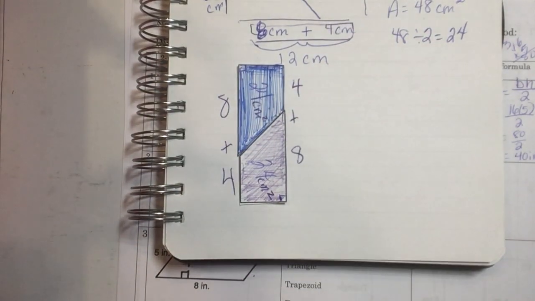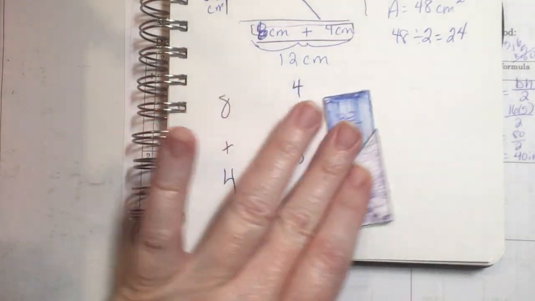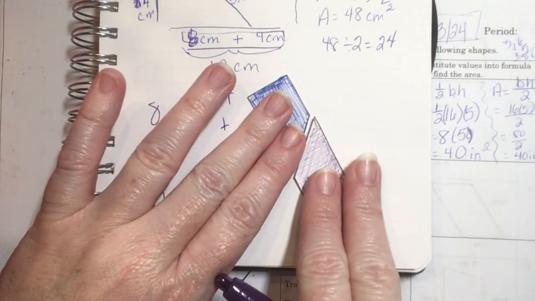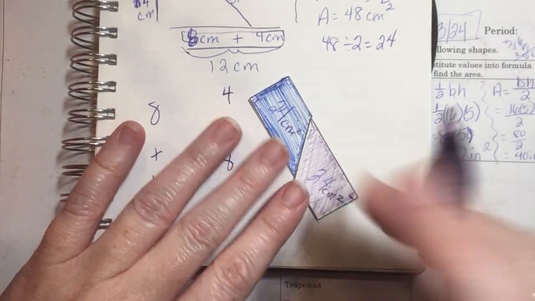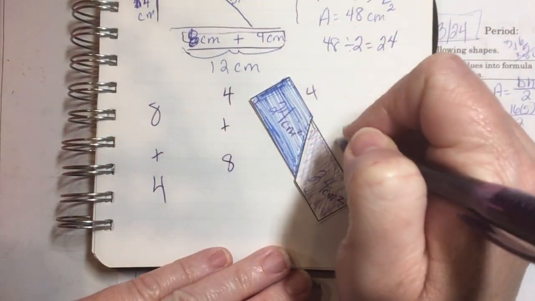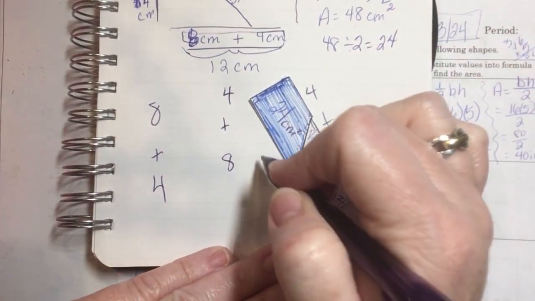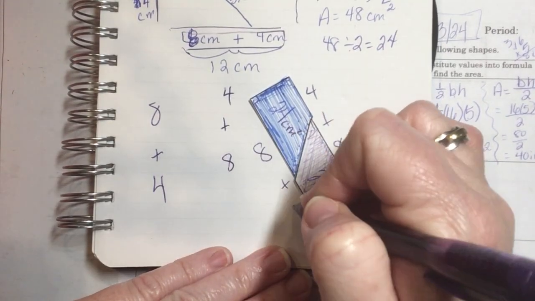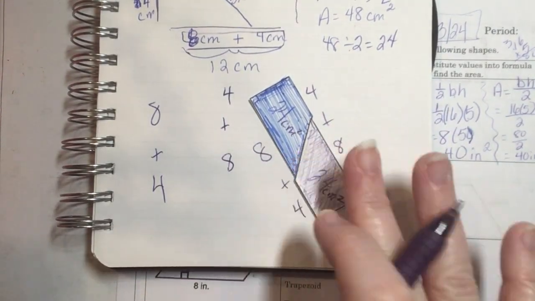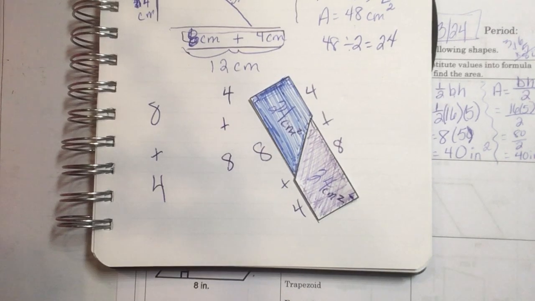So some of you might have been thinking, oh, it's just the bottom and the top. But it doesn't have to be the bottom and the top. It could be the sides. Even if I turned it sideways like this, I would still have to add together 4 and 8. Right? So there's a relationship between the 4 and the 8 in the trapezoid.